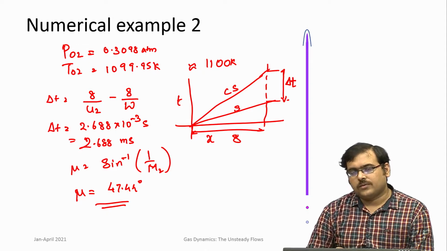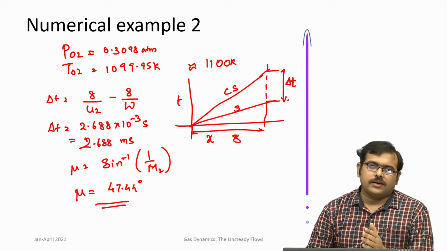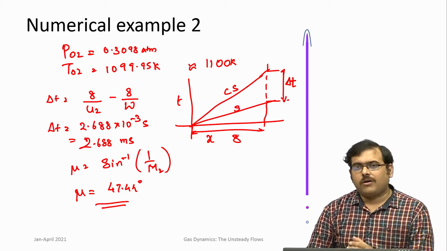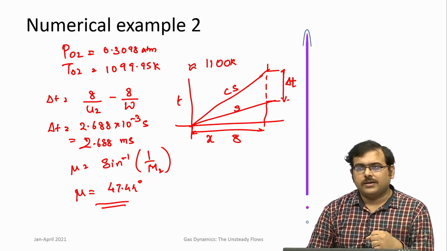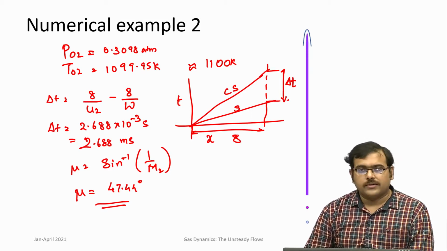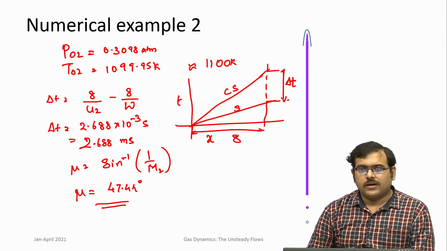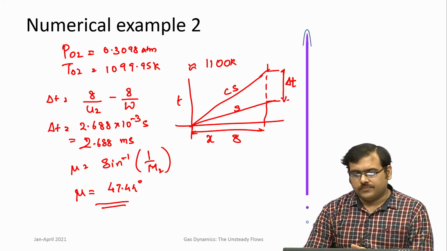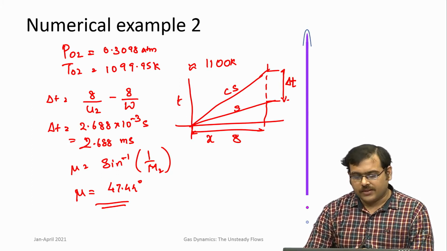This is known as oblique waves. What is a normal shock is actually a special form of oblique shock, where the angle is normal to the flow, but at any other angle you get an oblique shock, and we will look at oblique shocks and the counterpart which will expand the flow. Shock waves compress the flow, while expansion waves, the Prandtl-Meyer expansion waves, expand it. So we will look at that in the next module.